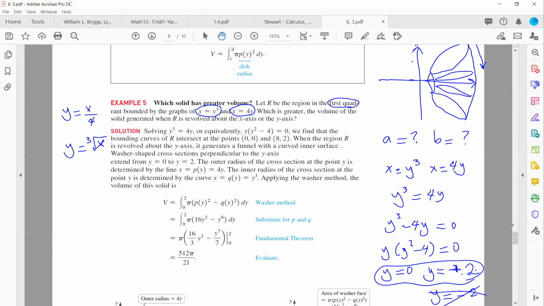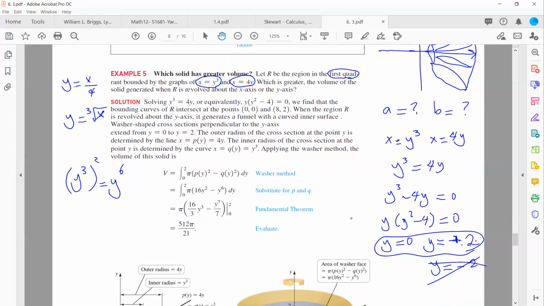your linear function. So first function, upper function raised to 2, 4y squared, which is 16y squared, minus second function squared, y to the third raised to 2, y to the 6th. Then we take the integral.